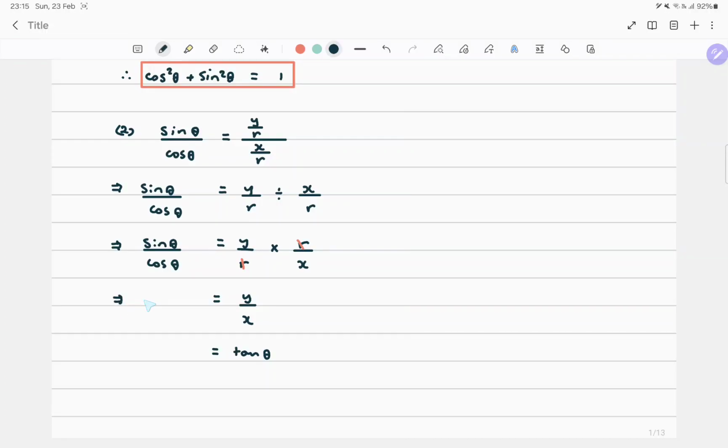Here we can say therefore sine of theta over cos of theta is actually tan theta. This is the tan identity that we need to know.